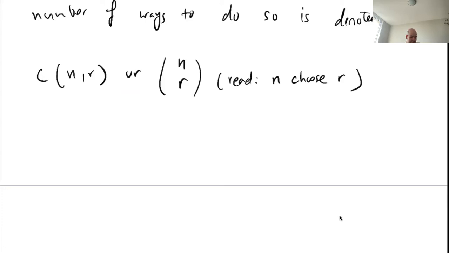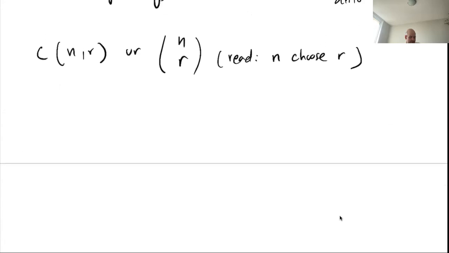We have two notations this time. Some books use C(n,r), some books use n choose r, and some books use both. I think your book uses both notations.